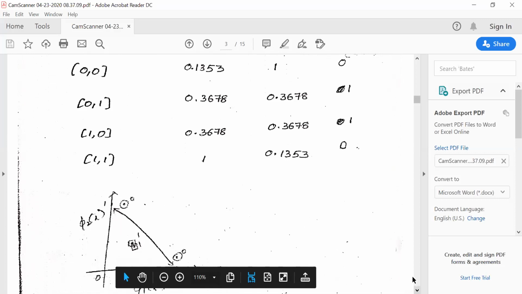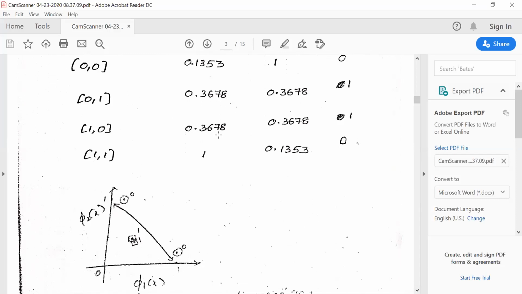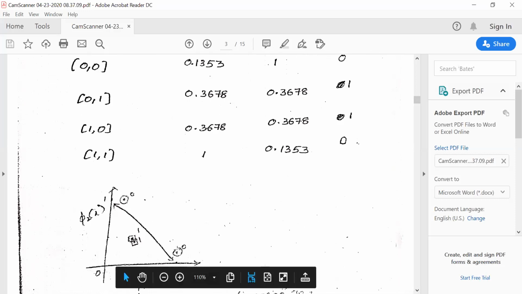The first point 0.1353 comma 1, the second point 0.3678 comma 0.3678, the third point 0.3678 comma 0.3678. If you draw it, you will get zeros over here, and ones, both of them will come over here. Now zeros are here, ones are here, therefore you can definitely separate them with the help of a line. Now it is linearly separable.